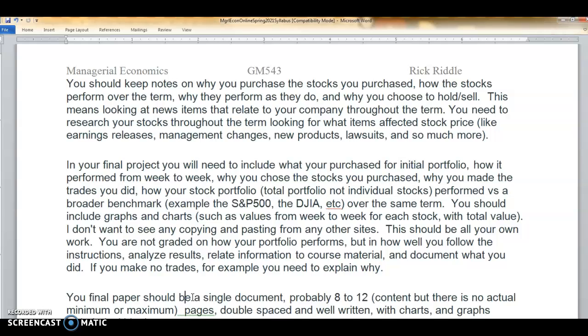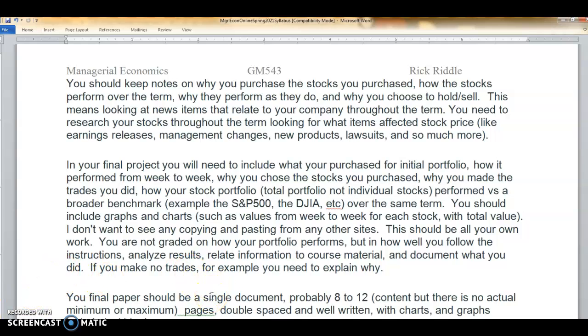But if the broader market is down 7% over the course of the term, then you've actually done pretty well. So if you have an investment manager and he's done only a 3% drop versus the broader market of 7%, he might still get, for example, a bonus, even though he did not actually increase the value of the company's portfolios.